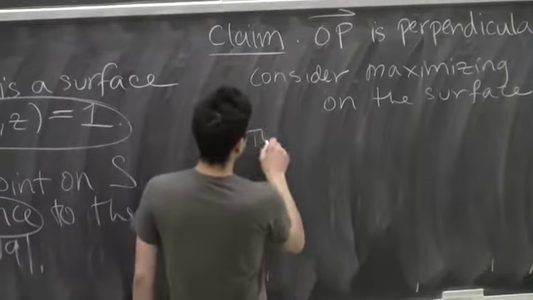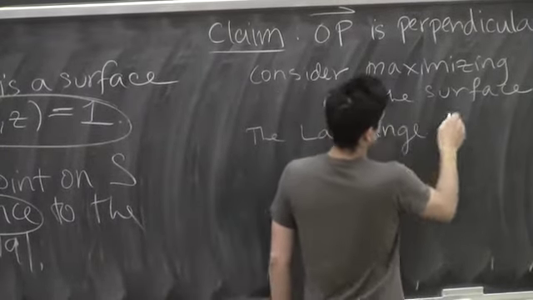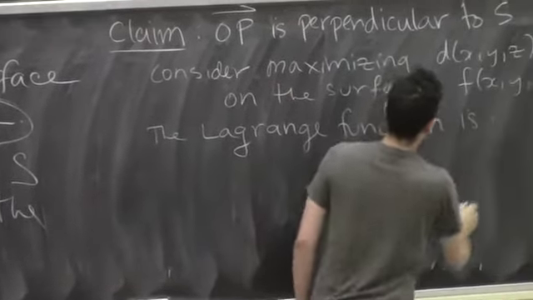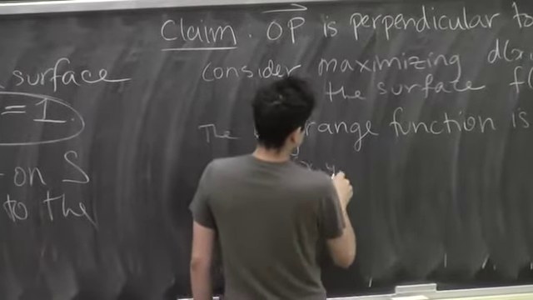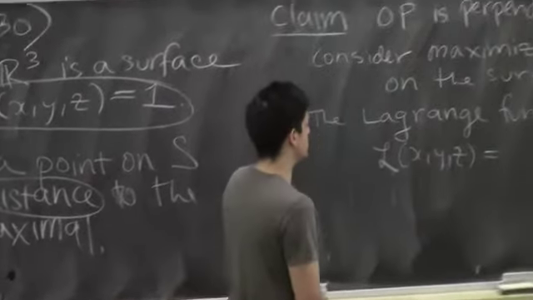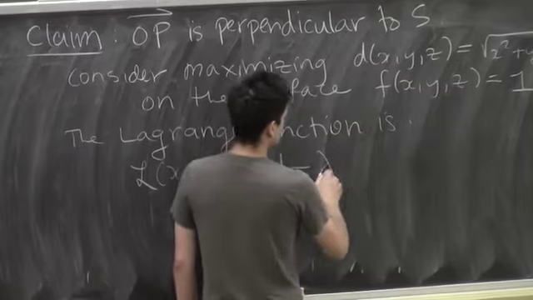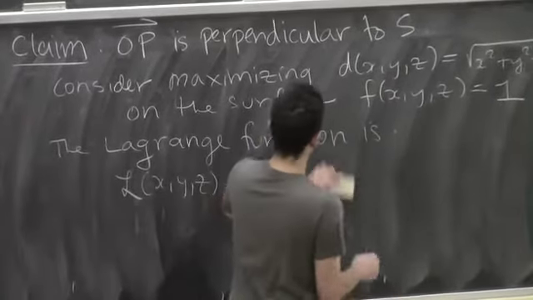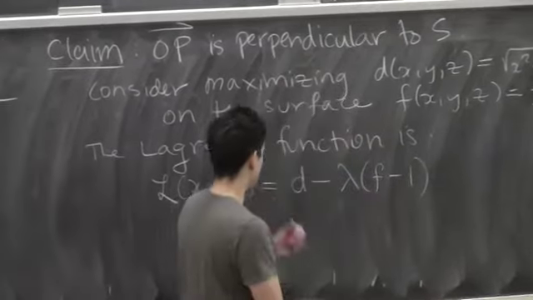So the Lagrange function will be that distance minus lambda times (f minus 1).